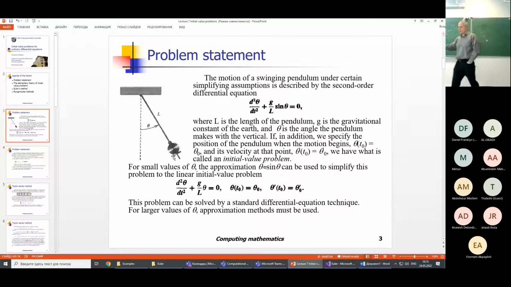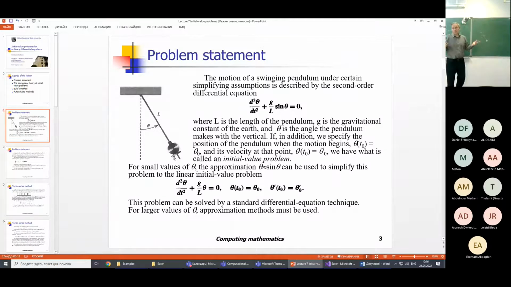And the swinging of the pendulum can be completely described by the value of this angle. If the angle is 0, it means that the pendulum is in a vertical position here. If the pendulum moves here, let's consider this angle as positive, plus. Here, minus.